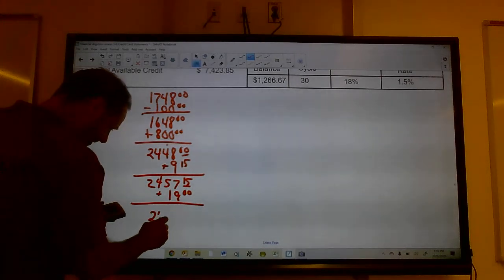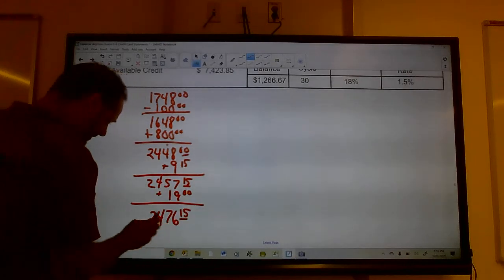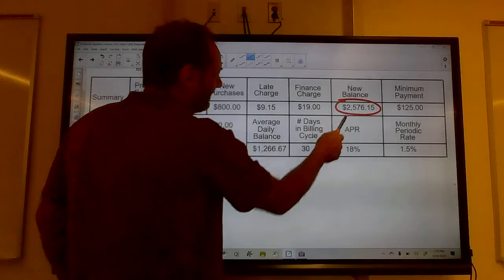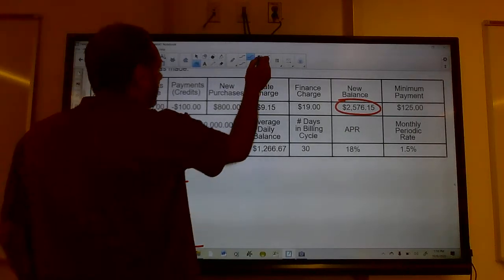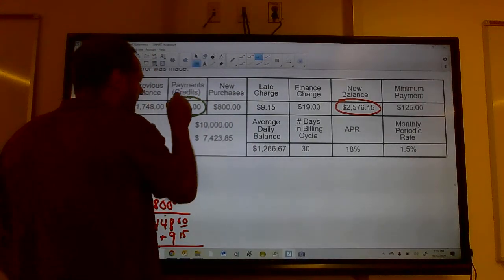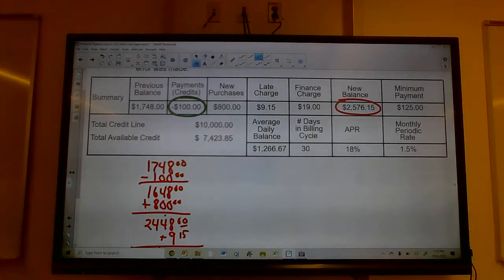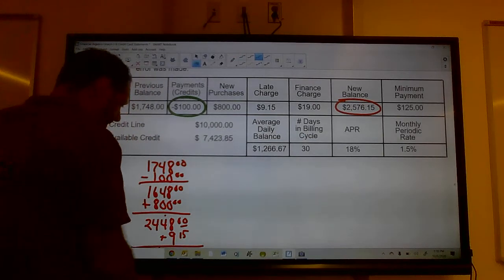So her bill should be $2,476.15, which is exactly $100 less than what it says. So it looks to me like they did not credit her $100 payment. So this is definitely where you want to go call your credit card company and go, hey, this doesn't make any sense. I think you left off my payment.